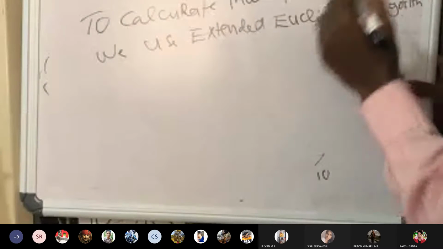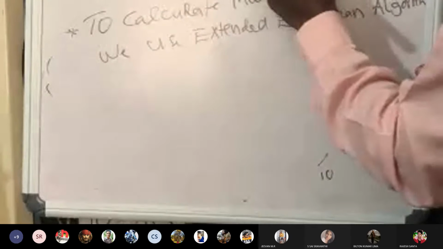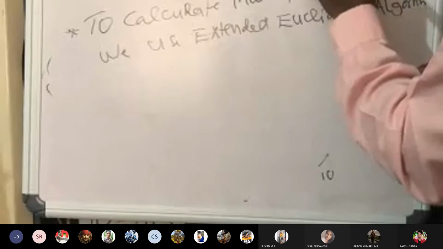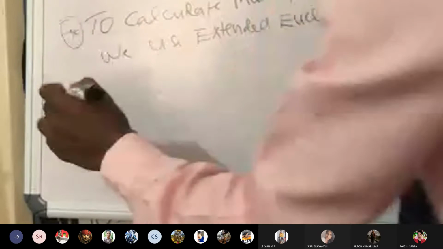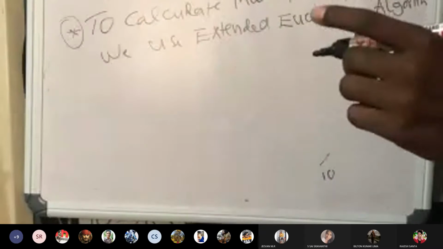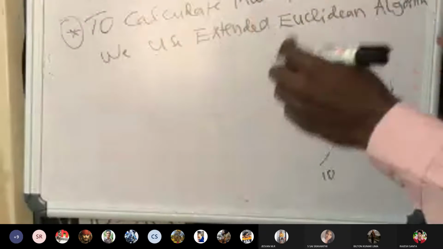That's what you're going to use to find the inverse of this number. So to say, you want to take 5 into x, x can be any number, mod of 11, and we have 1. Please follow, and if you have a question, don't end the session or go out of session without asking, because it's a matter of understanding how it works, so you can go along with it.